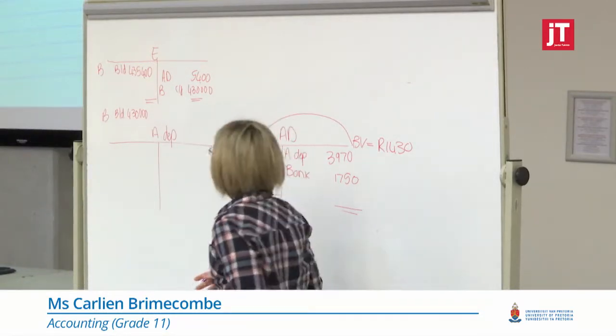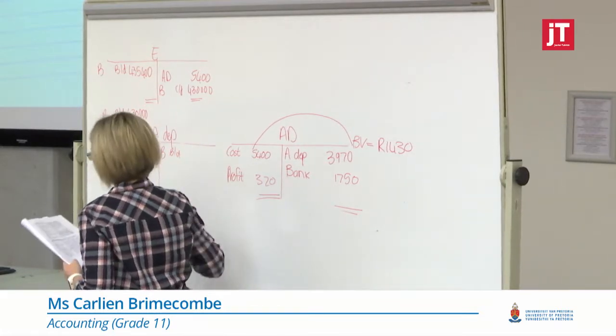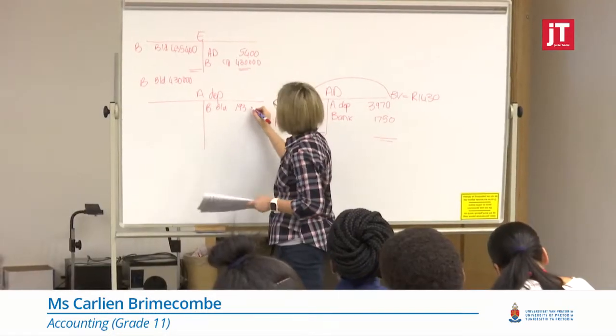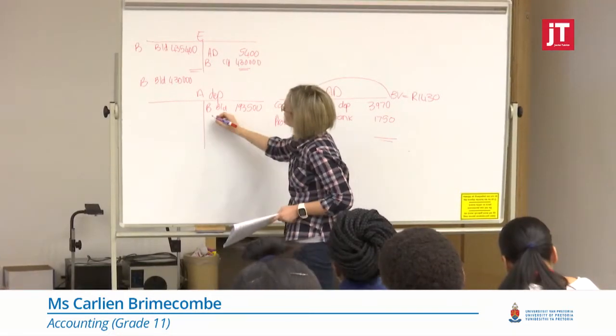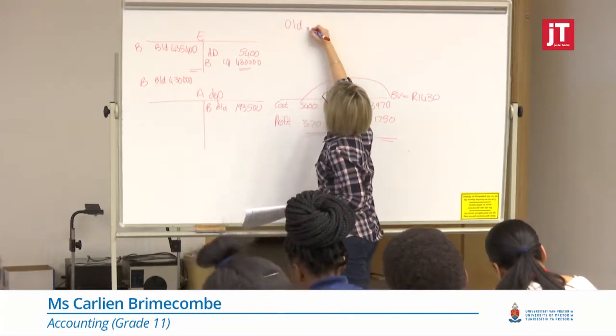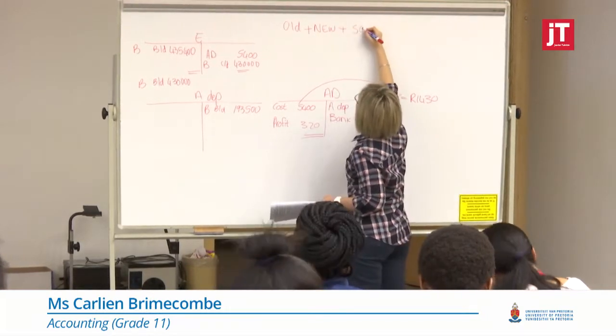Right, now they've provided us with accumulated depreciation in the beginning. We have a balance of 193,500. So we need to calculate depreciation on the old plus the new plus that which we've sold.